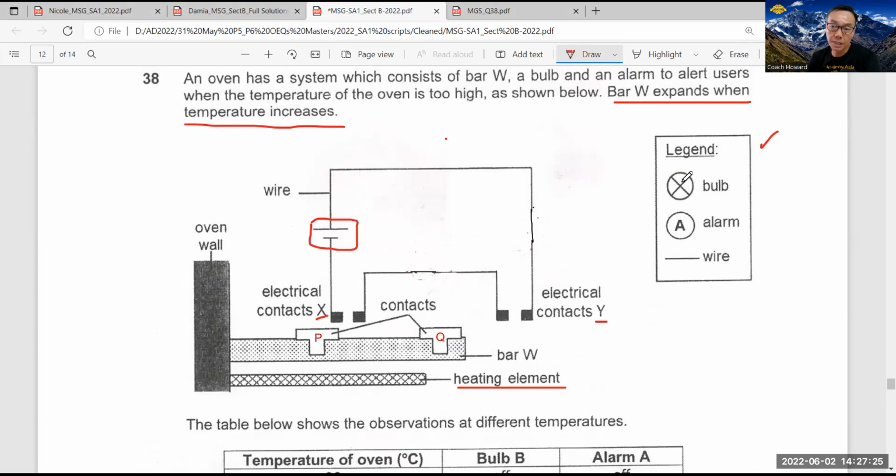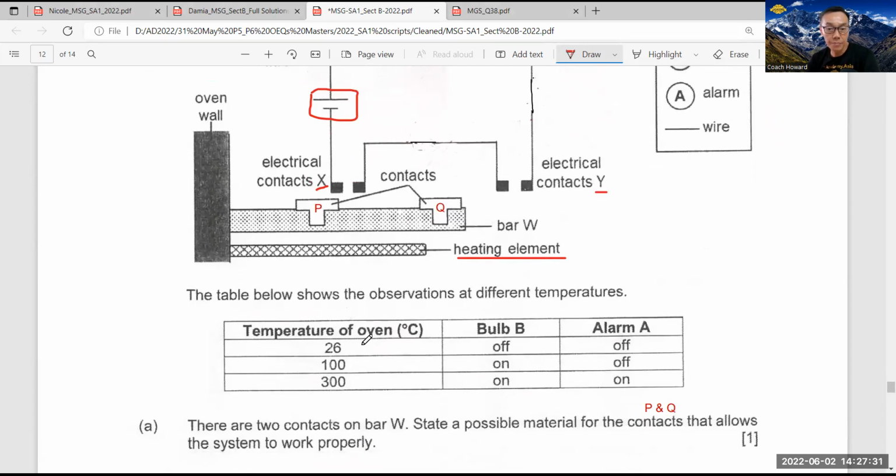So this is a circuit diagram of a bulb, and this is alarm. And these are wires. So students got to understand that as the temperature increases from 26 degrees centigrade to 300 degrees centigrade, these are the observations. So at 26 degrees, both the bulb and the alarm will not be turned on as they are in the off mode. But however, at 300 degrees Celsius, both will be turned on.